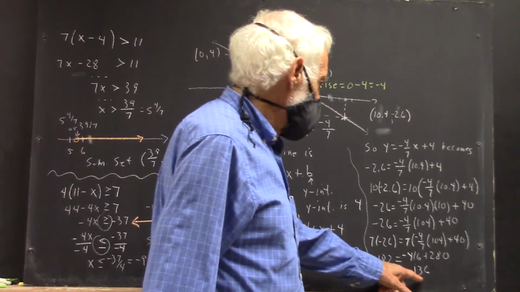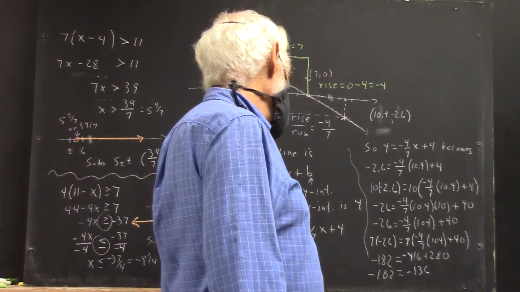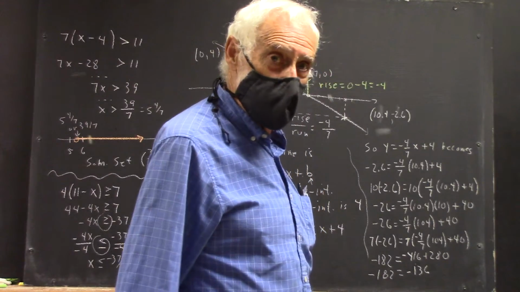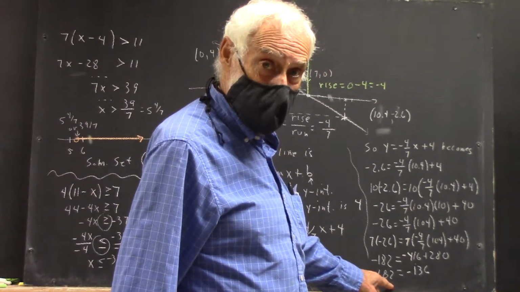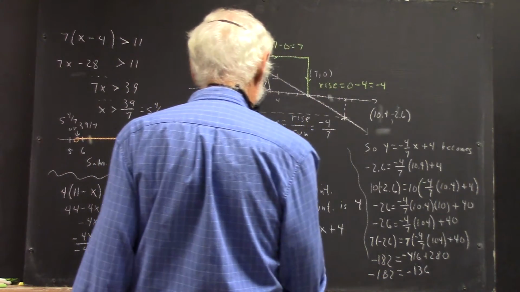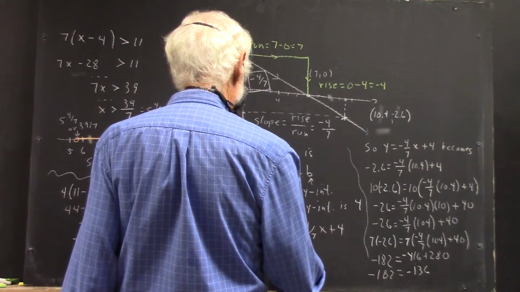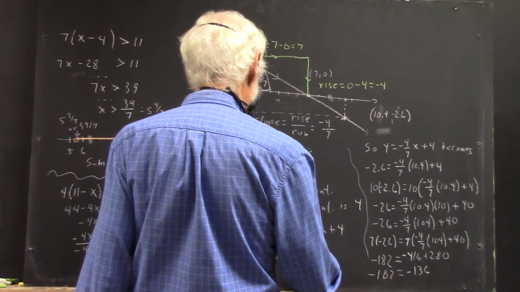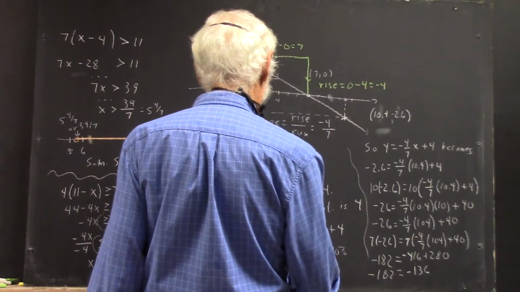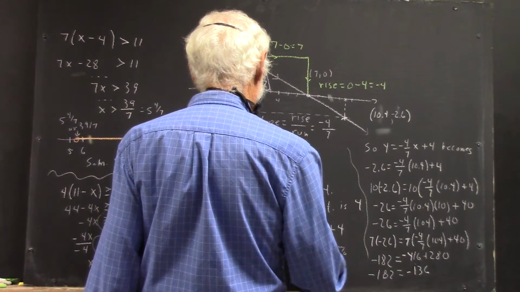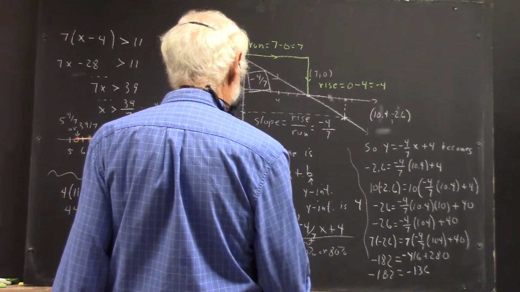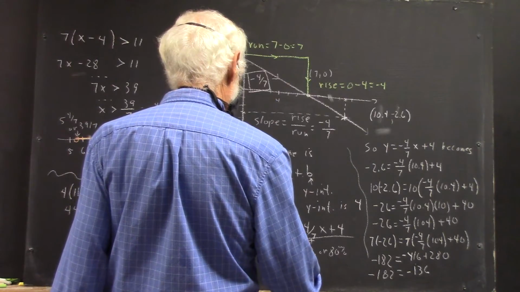Well, 136 is about 70%, maybe even close to 80% of this. Okay? So it's about 70% or 80% of negative 182.